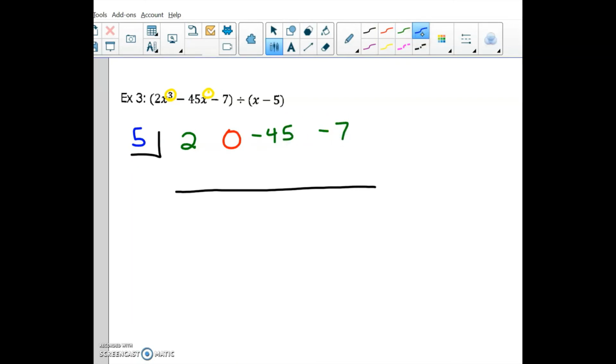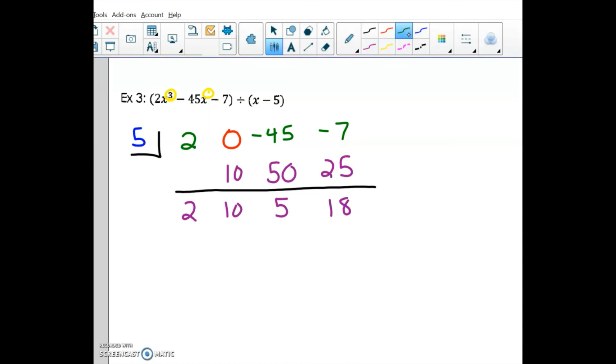So we're going to do this one a little bit quicker. Bring down the 2. 5 times 2 is 10. 0 plus 10 is 10. 5 times 10 is 50. Negative 45 and 50 is positive 5. 5 times 5 is 25, which gives us 18, and we're out of things to do.